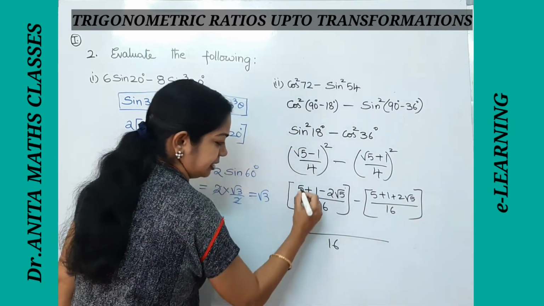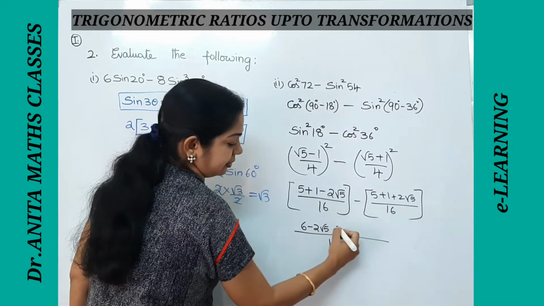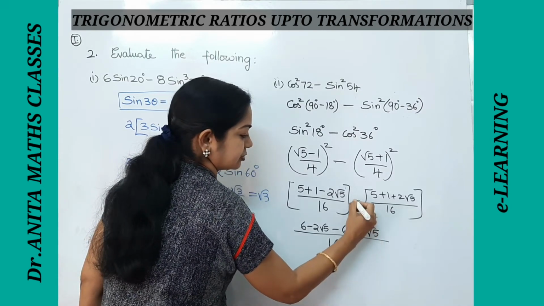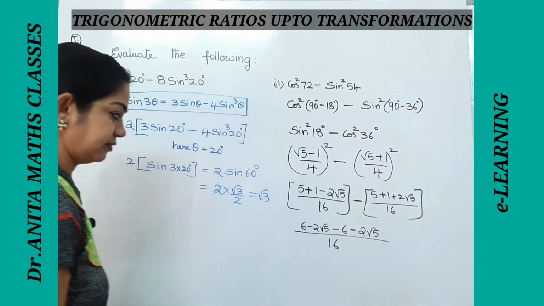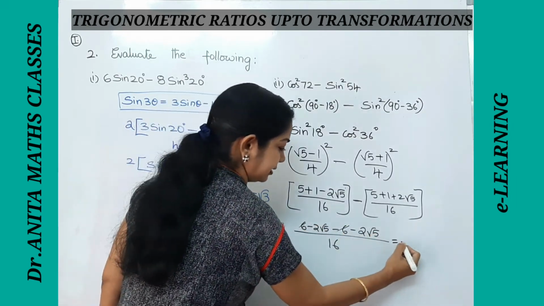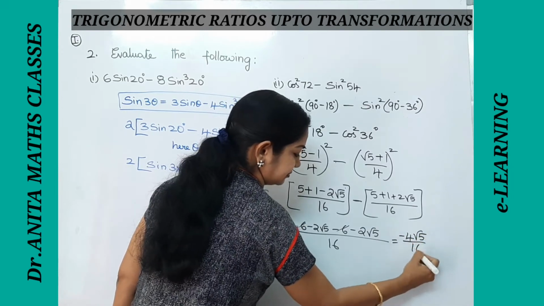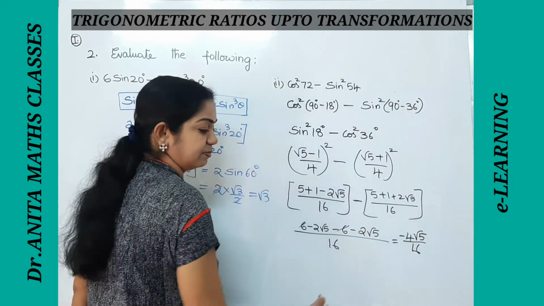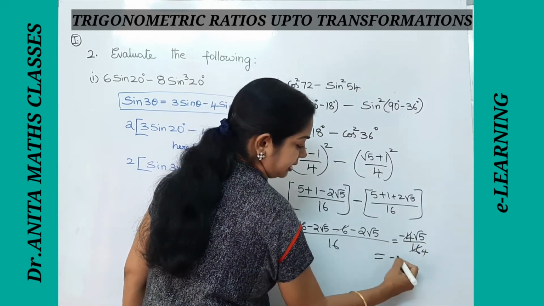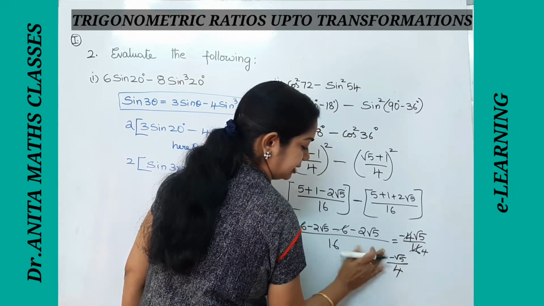Here 6 minus 2 root 5, and here minus 6 plus 2 root 5. Since minus is there, I've written that. So minus 6 plus 6 goes off. Here you get minus 4 root 5 by 16. Minus minus can do plus, here 4 ones are 4, 4 fours are 16. So this comes to minus root 5 by 4 is the answer.